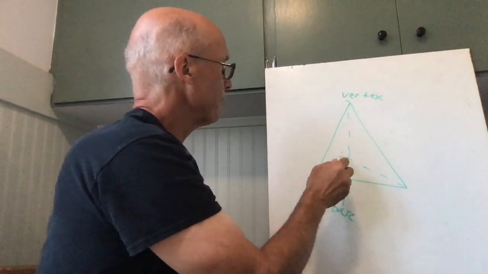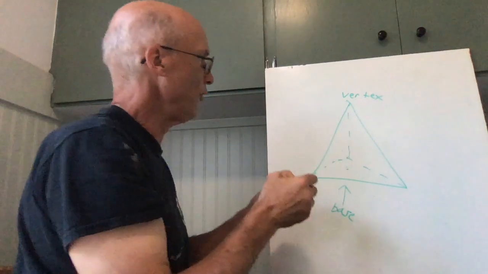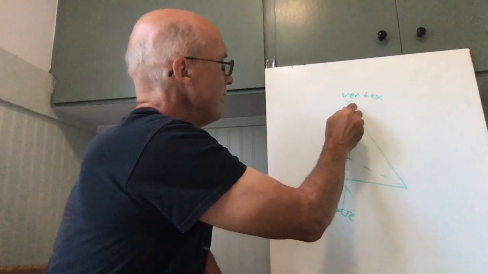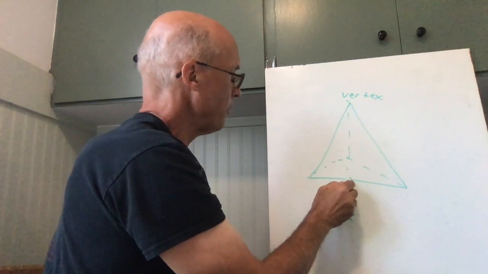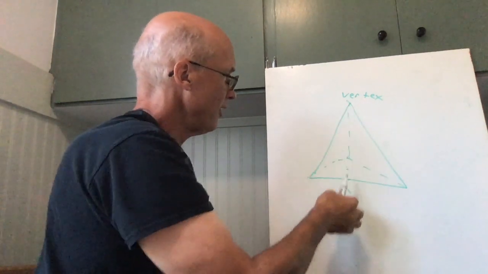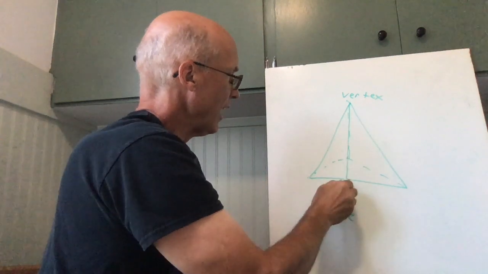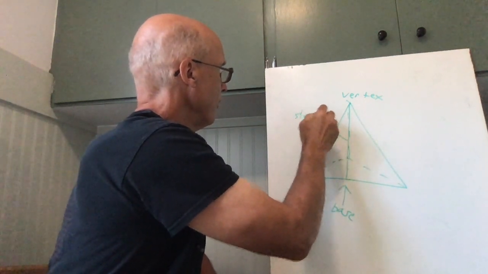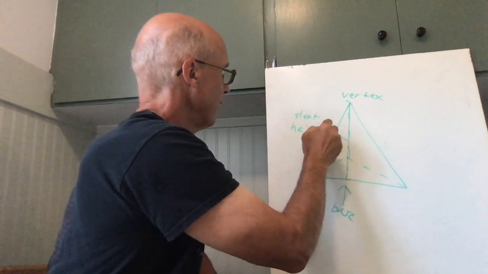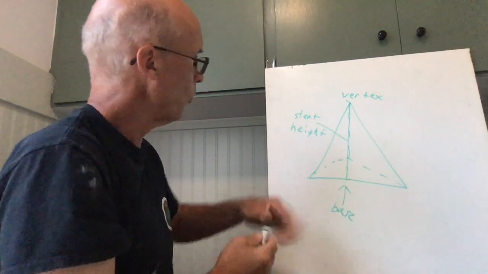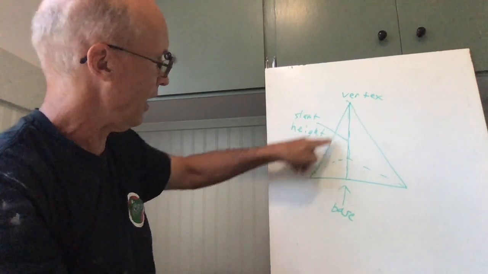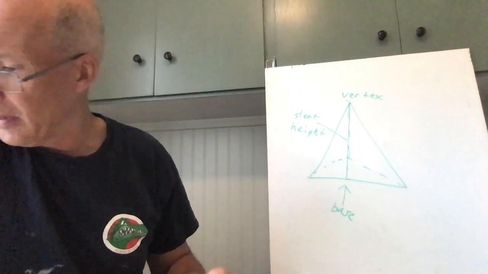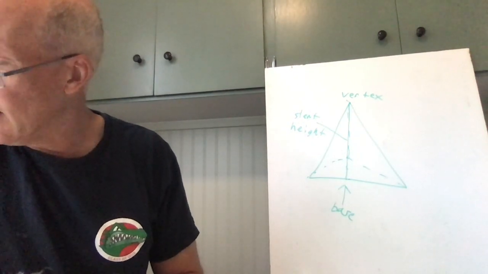But this is on a slant, correct? That distance from the vertex to the center of the base on the slant is called the slant height, which is something you might not know. Slant height. Where two faces meet on this edge, that's called the lateral edge, and this is called the base edge. And I think that's it.